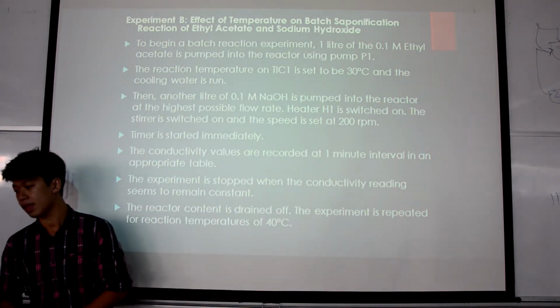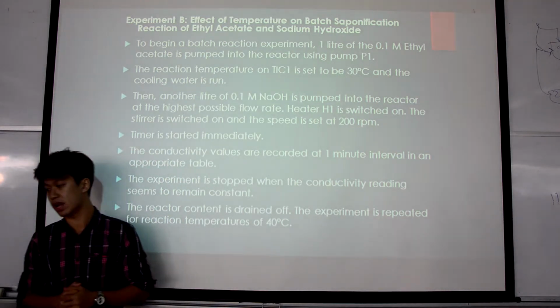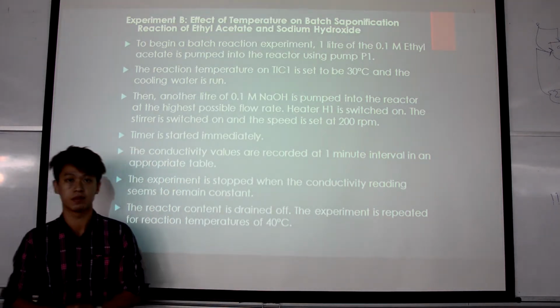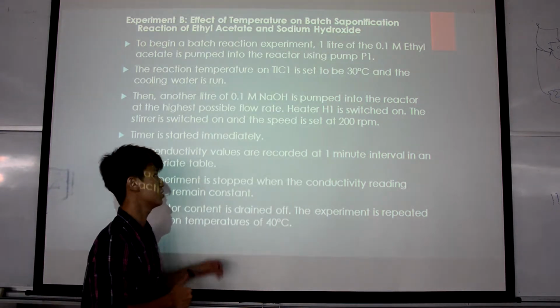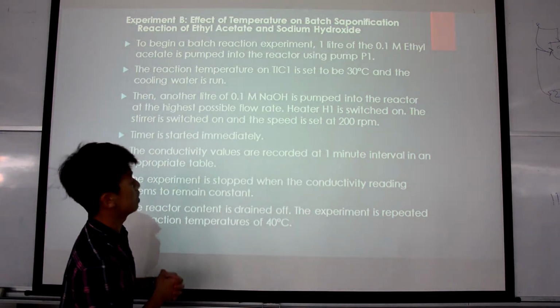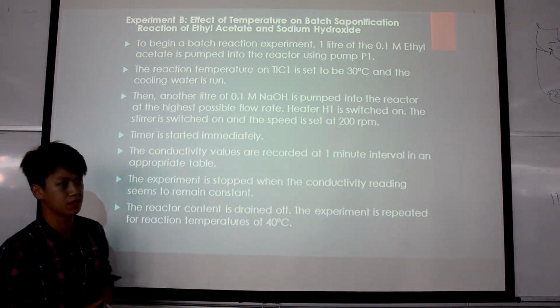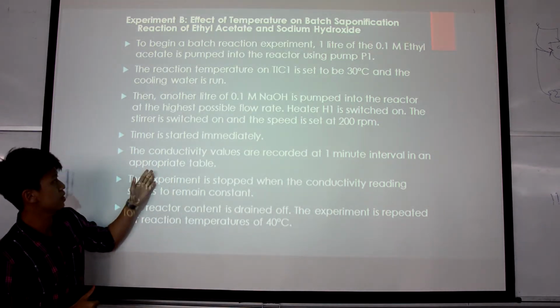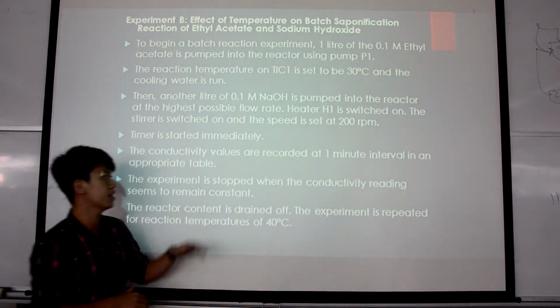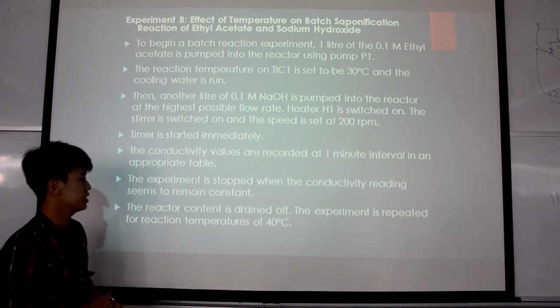So now, another liter of the 0.1 mole of sodium hydroxide will be pumped inside the reactor as well. Then we will start the reaction between the sodium hydroxide and the hydrochloric acid. Now, the point when you start the experiment, the timer is started immediately, and after 1 minute intervals, we will record the data inside a table.